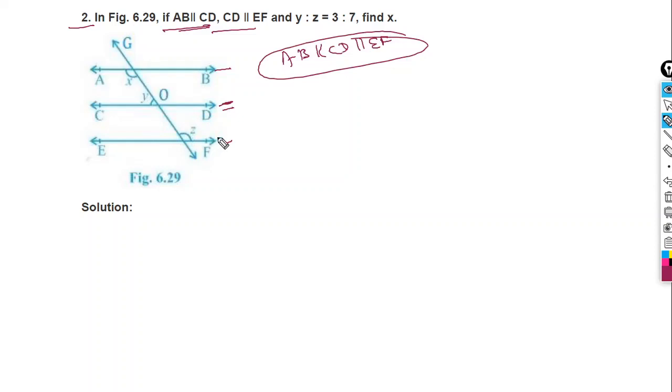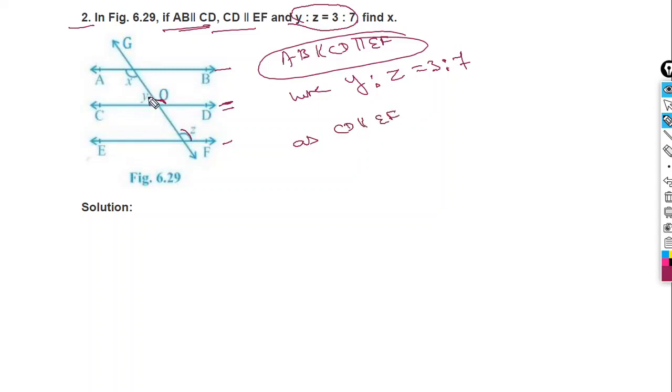Here what is given to us? Y is to Z equal to 3 is to 7. You can write it here, Y is to Z equal to 3 is to 7. We will assume one angle here, that is O. Now you can write CD parallel EF.